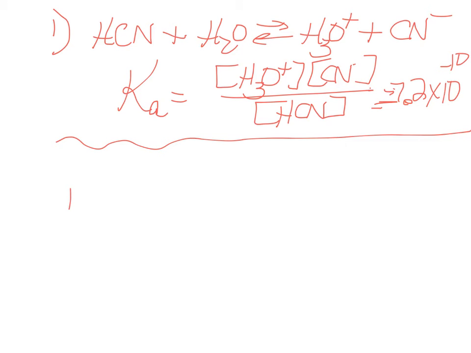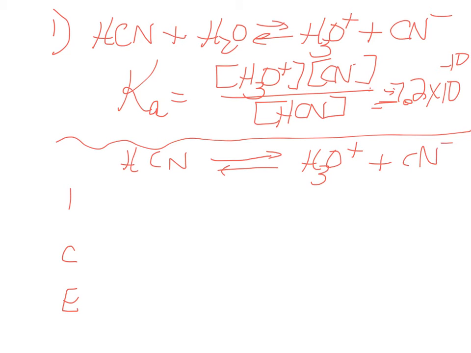Then you want to set up your ICE table. I'll rewrite the reaction here. Leave out water because it does not affect the equilibrium. All righty, what do we know so far? We know the original concentration of the weak acid.